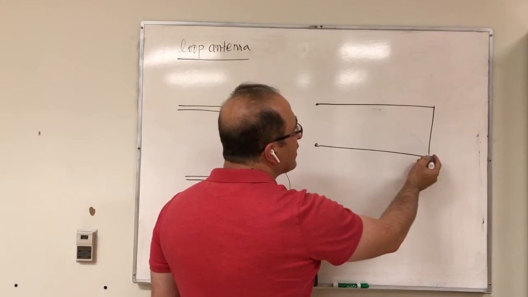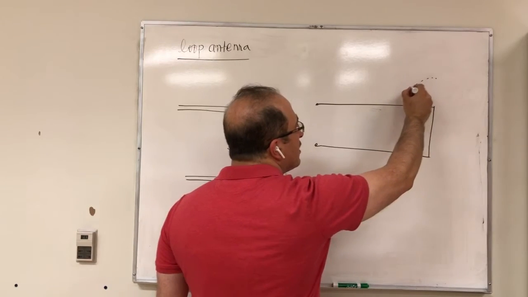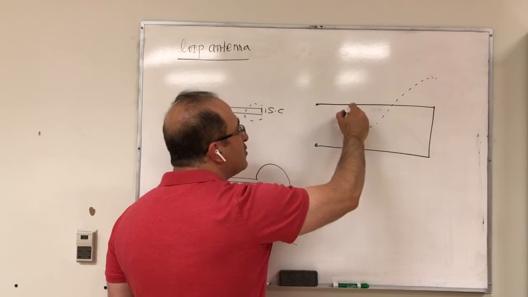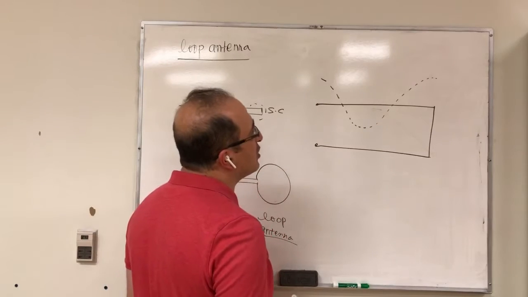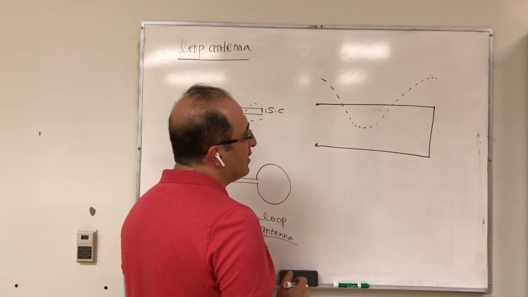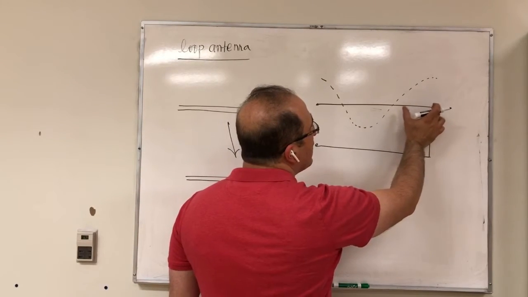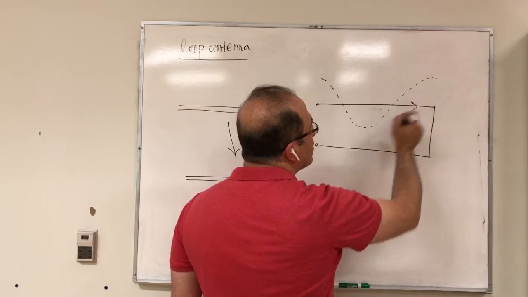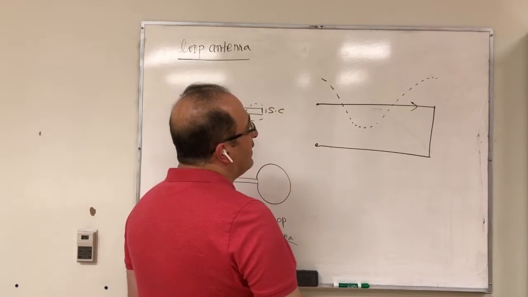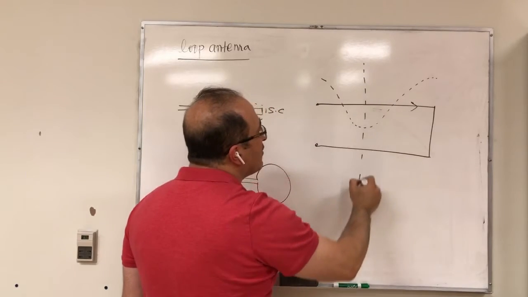And then what would be the current on this transmission line? So this is a short circuit. You're going to get a large current, and this would be your current distribution, for example. And then you get exactly the opposite one here. So now if I take, for example, this to be in this direction, this is going to give me half a wavelength.